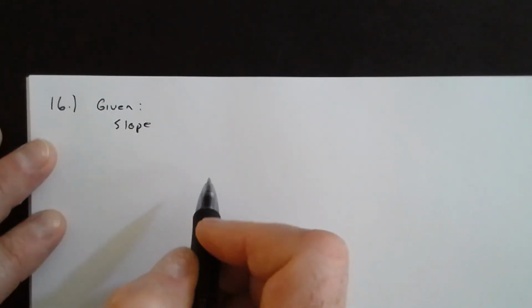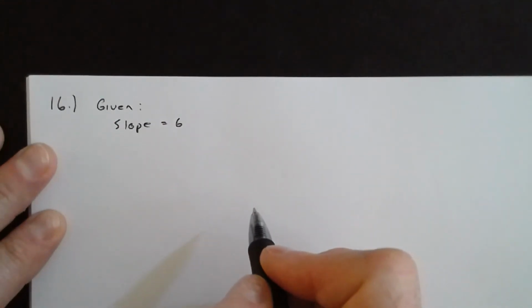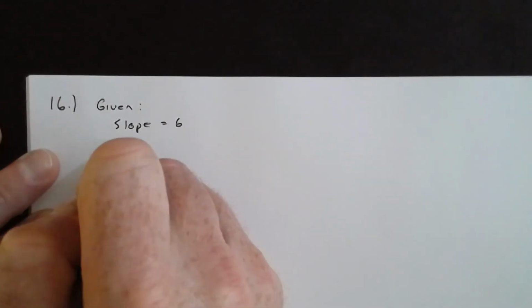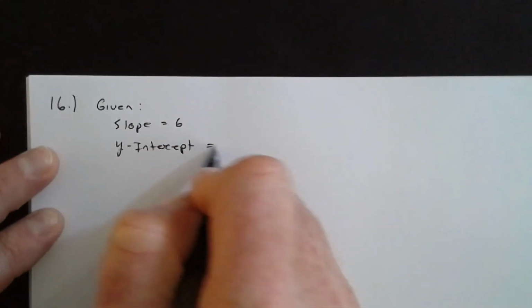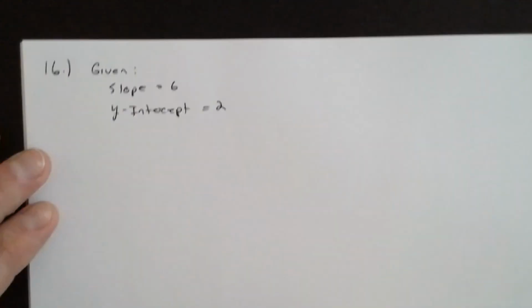If we're given a slope, okay, in this one here we're given a slope equal to 6 and the y-intercept equal to 2.